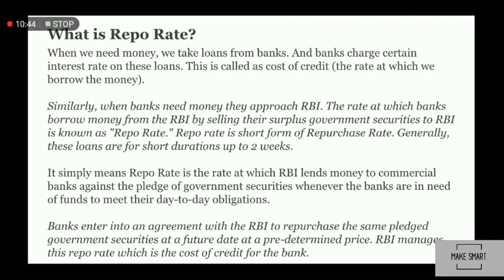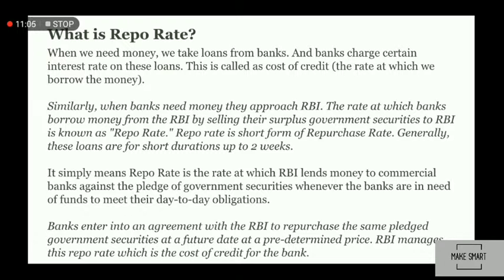They approach the RBI, because the RBI is a large source of lending. The rate at which banks borrow money from the RBI by selling their surplus government securities to the RBI is known as the repo rate, and repo rate is short for repurchase rate.